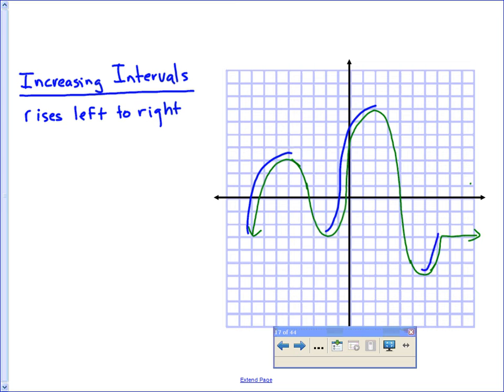And the numbers that I've put on here for the increasing are actually going to help us with this one. So it looks like we are decreasing from negative 5 up to negative 1.5, and then we're also decreasing again from 2 up to 6. And we should add, just like we did for the increasing interval, that the decreasing interval is actually where it's falling from left to right.